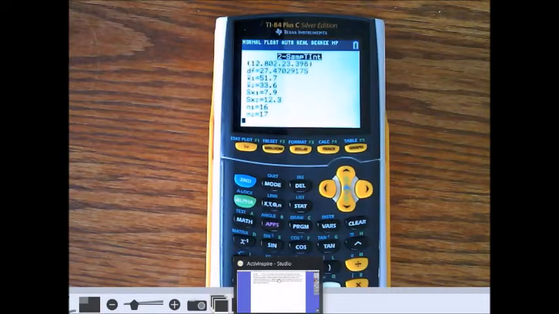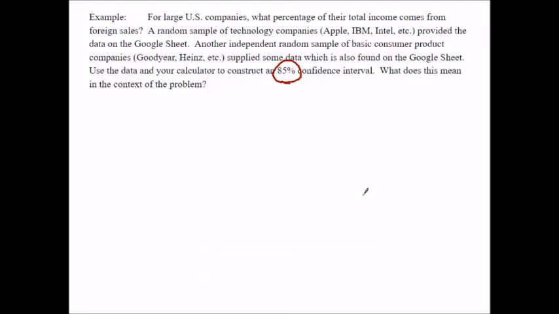All right, so for this one, we get a confidence interval between 12.8 and 23.4. What does this mean in the context of the problem?